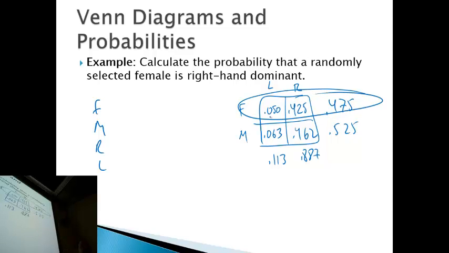If I know she's female, how likely is it that she's right-handed? Is it better than 50% or less than 50%? Better than 50%, right? In fact, you can find the ratio. So out of the 0.475, there's a 0.425 chance that she's right-handed.